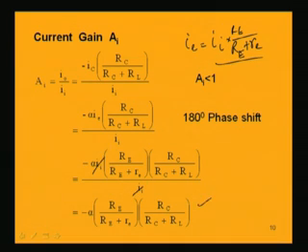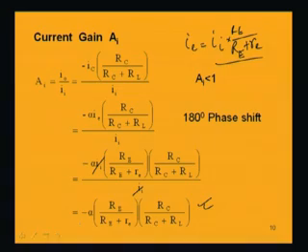So, here the final expression for the current gain is obtained, and we have to note that the current gain has a negative sign. That means the current at the output and the current at the input have a phase reversal of 180 degrees. The voltage does not have a phase reversal.